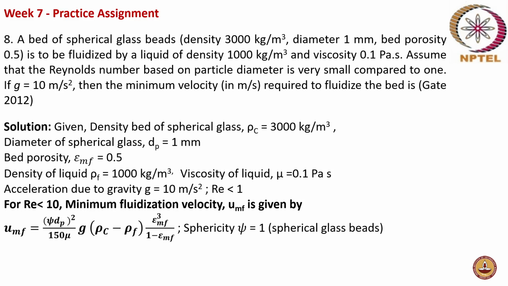So this is the equation when the Reynolds number is less than 10. Obviously in our case we can use this equation because they have given the Reynolds number is less than 1.